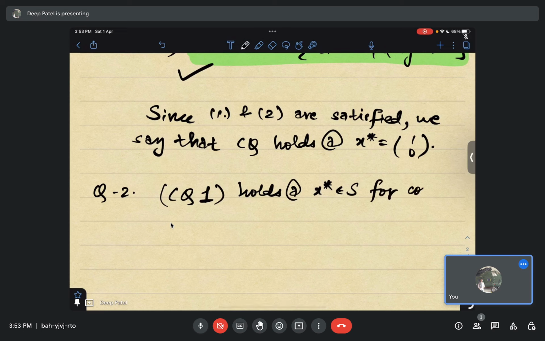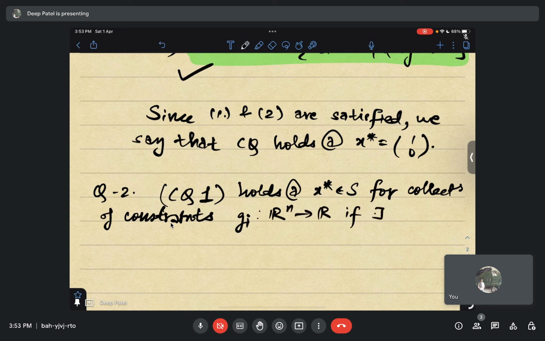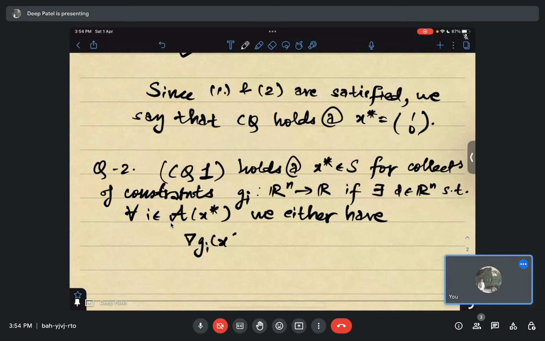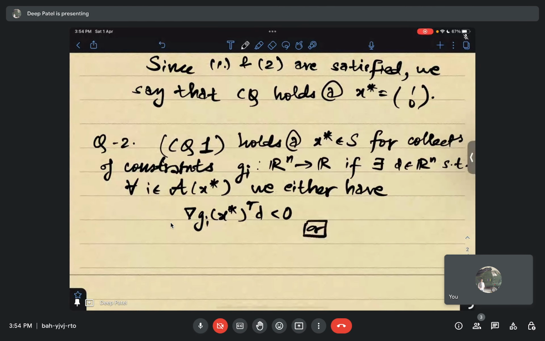So for constraints gi, if there exists some direction such that for each active constraint at this point x star that is of our interest, we either have gradient of gi x star transpose c less than 0, or this is exactly 0 and gi is affine.